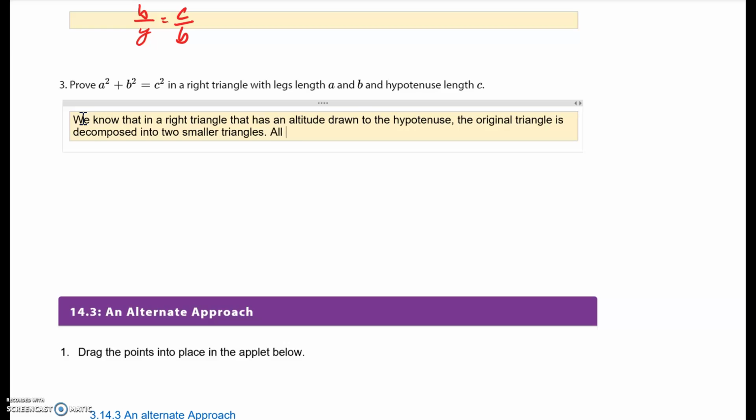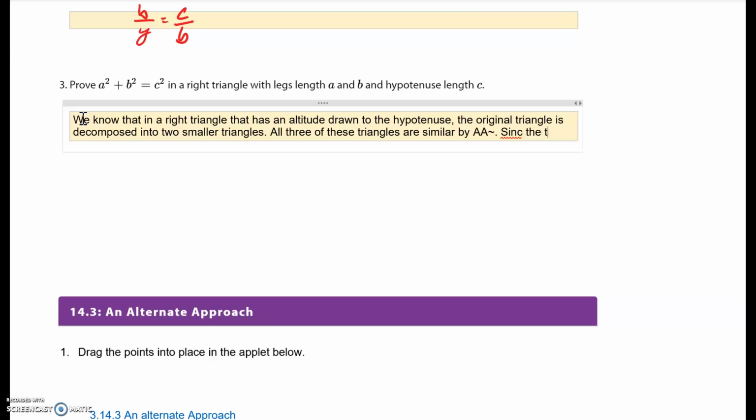All three of these triangles are similar by angle-angle similarity. Okay? And we did that last class.